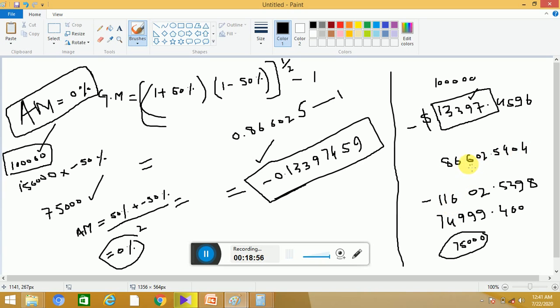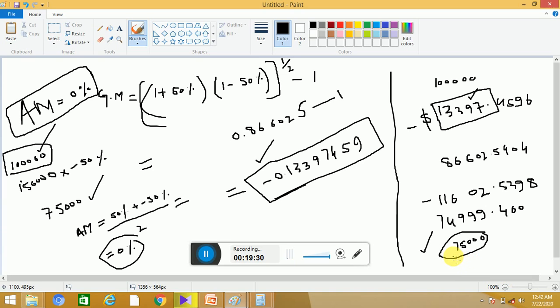On that amount, after 1 year, when we calculate again a 13% loss, we got 74,999, means 75,000. So see how much is left: 75,000.